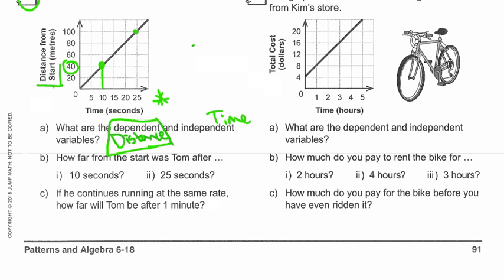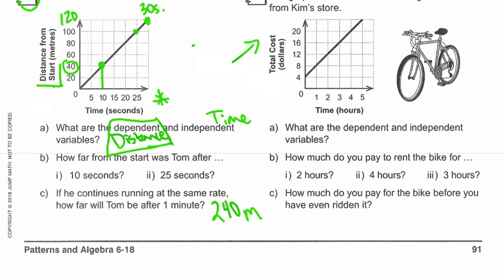So you'd have to figure out a pattern for that, and it looks like it'd be 120 meters in 30 seconds. So if we doubled that, then you would predict somewhere around 240 meters. Let's see how you do with this question about a bike rental.